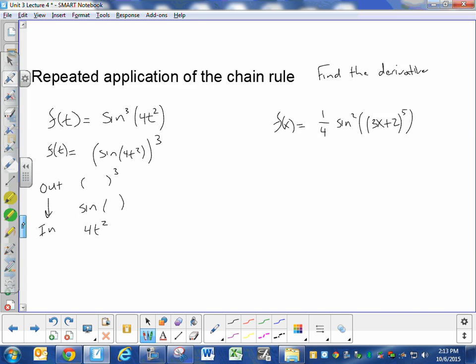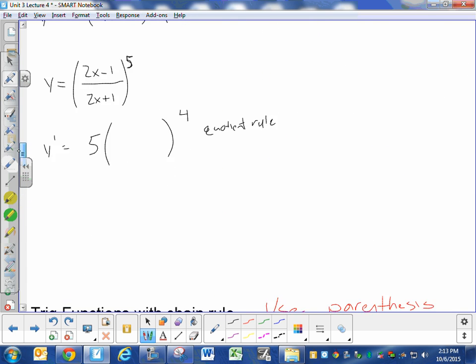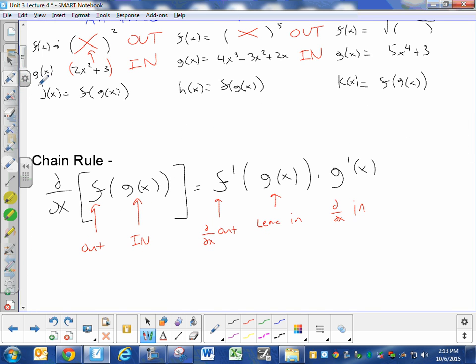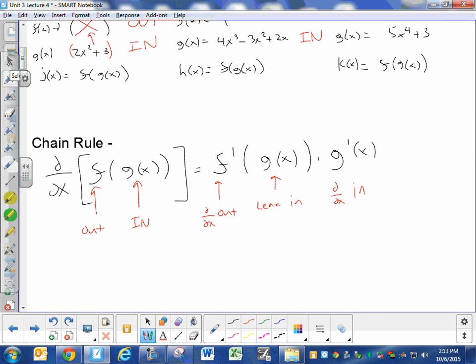If you want to write down something with a third function back in your rule, I'll show you. F of g of h of x.